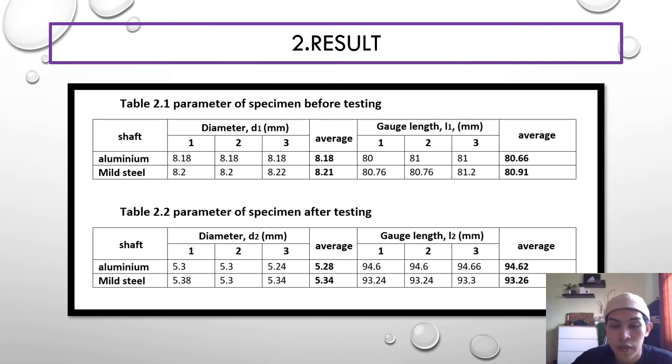Now we're going to move to the result below, which is for after testing. Diameter after testing for aluminium is 5.28 mm. Length for aluminium after testing is 94.62 mm. While for mild steel, the diameter after testing is 5.34 mm and the length after testing is 93.26 mm. And now I will hand over the next part to my friends.